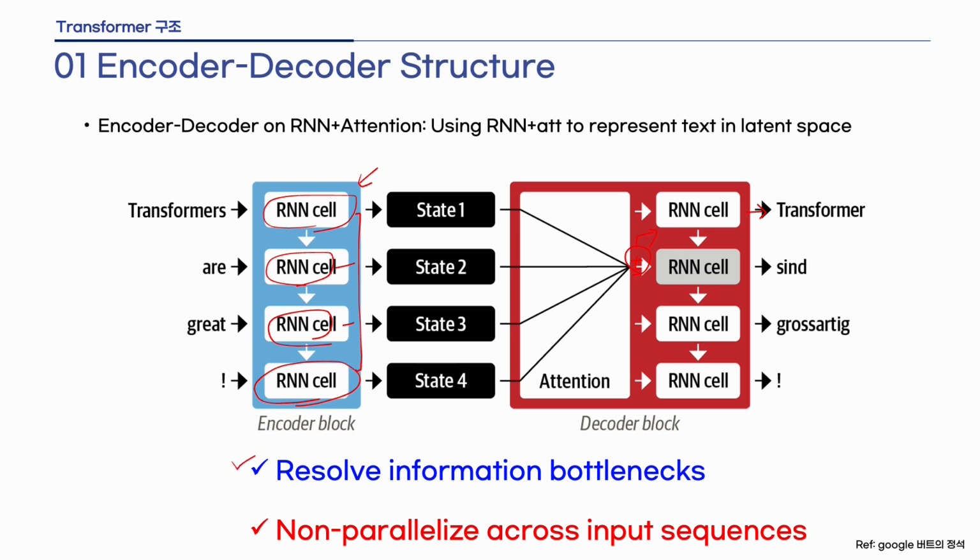So it solves the information bottleneck because it takes into account all the hidden states. But we still have a problem: this structure does not allow parallelization across input sequences.